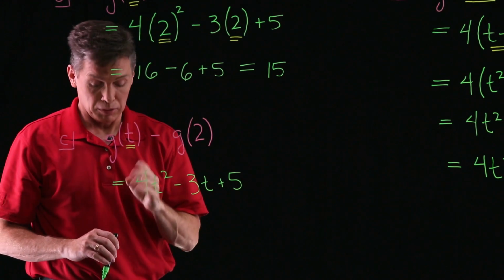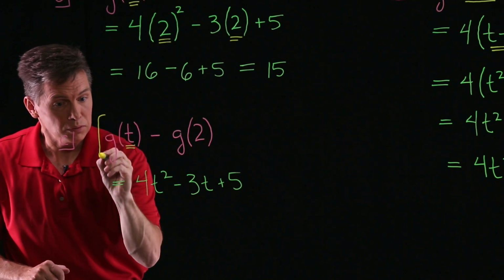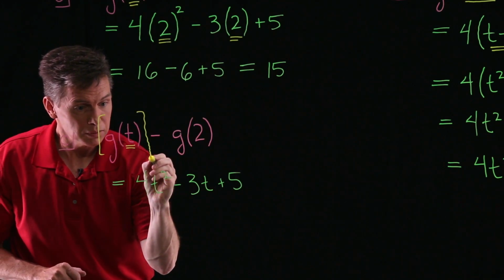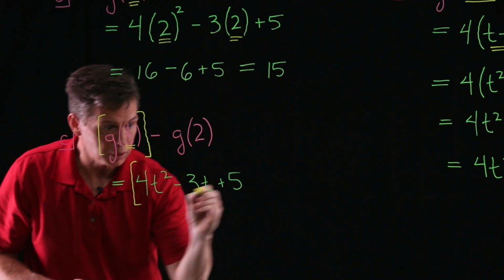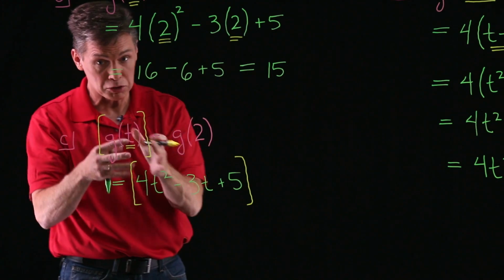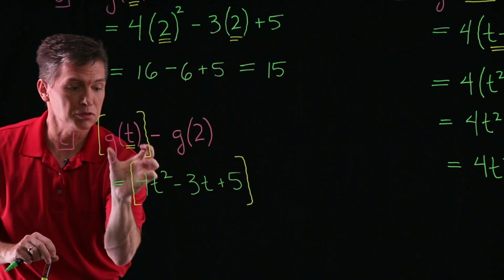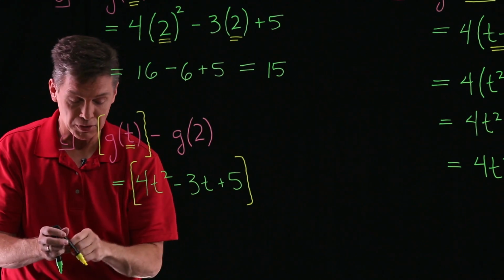Okay? If it helps, this square brace is getting replaced with this square brace. And I'm not trying to suggest anything with notation. I'm just trying to keep organizational schemes going here. That's just the first term in what they want me to find.